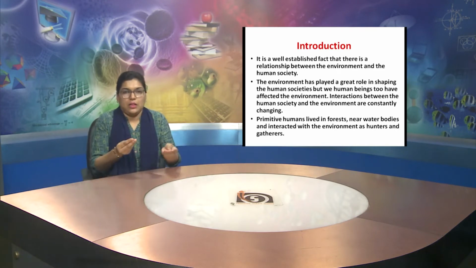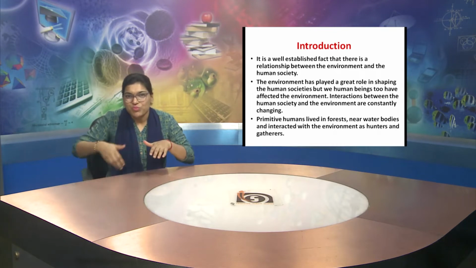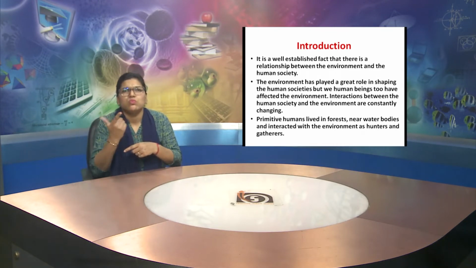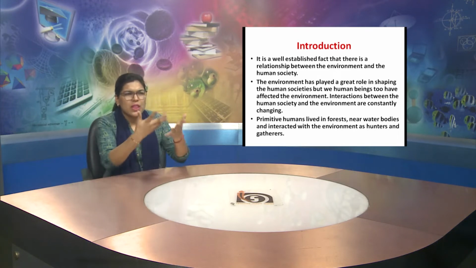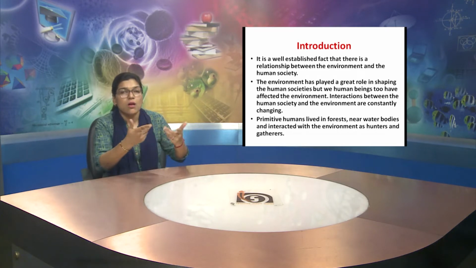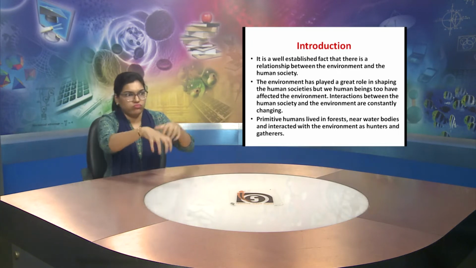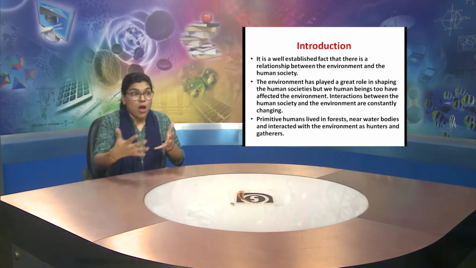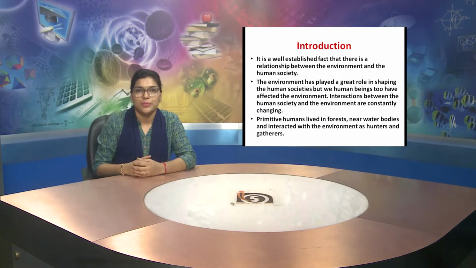That primitive human lived in forests and near water bodies, and they also interacted with the environment, as they used to hunt and gather different foods, and they used to collect stones for making tools that could be used by them.